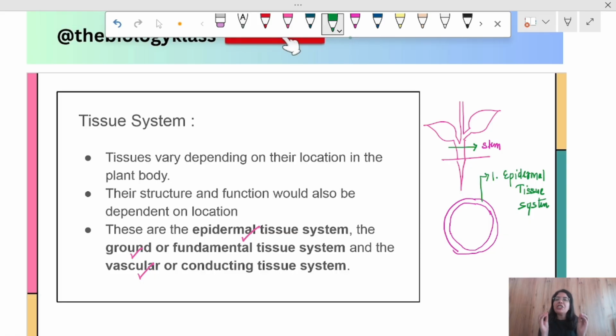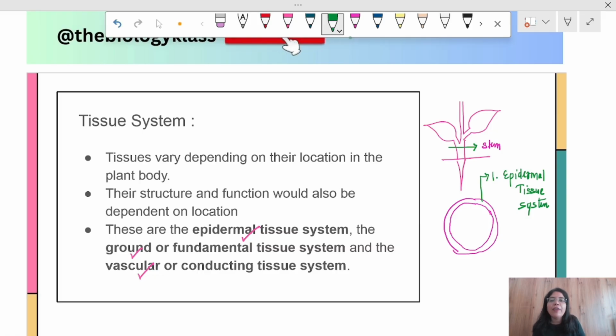And whatever features you can observe on this epidermis, all will be considered a part of this epidermal tissue system. For example, you are going to learn about stomata, epidermal cells, root hairs and trichomes, right? So these all you can see and observe on this outermost layer, which is there for performing protection, and some other functions which you are going to learn. So this together is called the epidermal tissue system. It is the outermost layer, protective in nature.